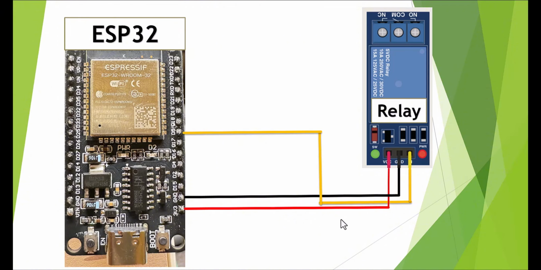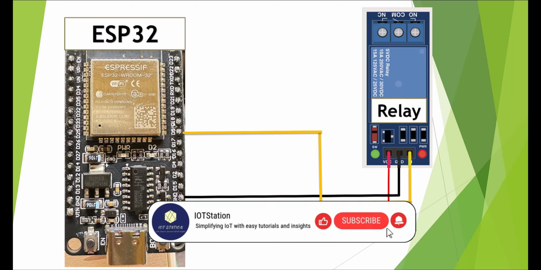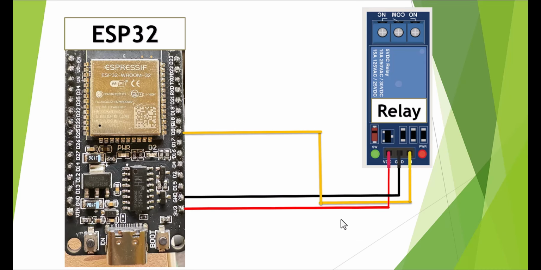So I decided to work with ESP32, which is one of the most common microcontrollers in the IoT field, because it has Bluetooth and also Wi-Fi capability, so you can do a lot of things and make a lot of projects with ESP32. So this time, I'm going to explain how you can connect the ESP32 with the relay, and also how you can control the relay with the mobile app via Bluetooth.